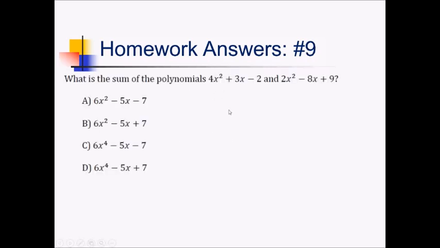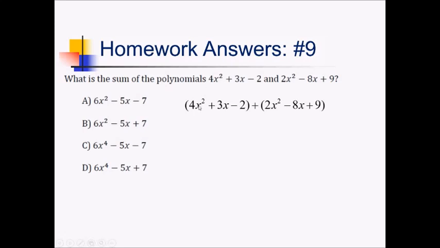On this one, we want to know the sum of these two polynomials. So basically, taking all of this stuff and adding it to all of that stuff. So if you wanted to, you could just get rid of these parentheses because you're just doing a plus 1 times all that stuff. But what I am going to do for my next step, before I actually add anything, I'm just going to put the like terms next to each other.